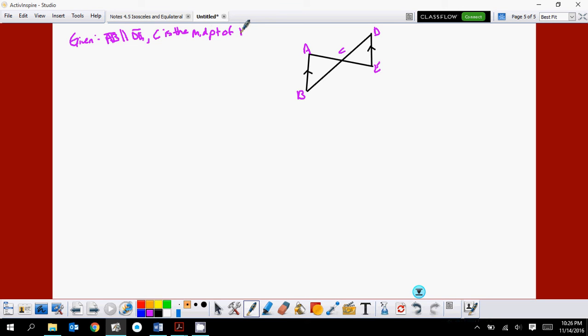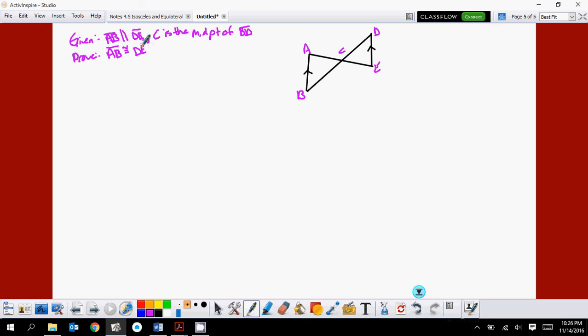We've got to prove that we're going to say AB, instead of just being parallel, we're going to also prove that they are congruent to each other. Whoa, Nelly. Better hold on for this one.